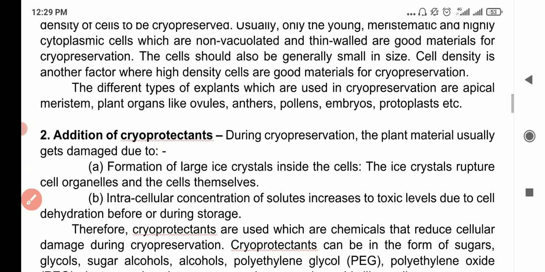High density cell means it has lots of mitochondria, lots of Golgi bodies, lots of endoplasmic reticulum, lots of ribosomes. Density means thick, no? So it should be thick. When we say thick, means so many organelles are there in excess.